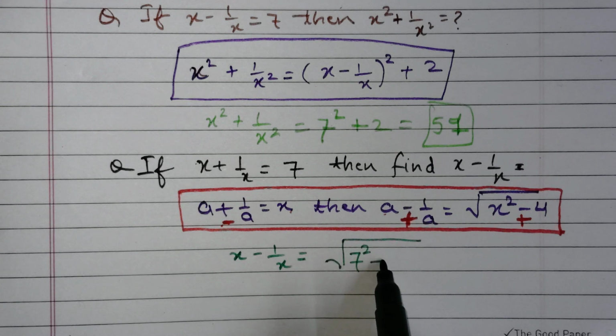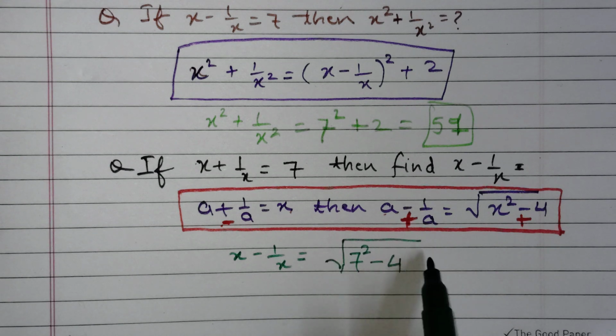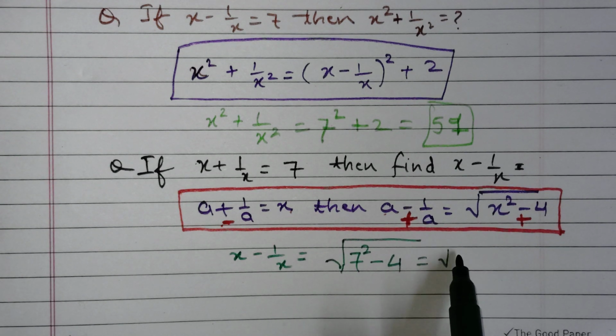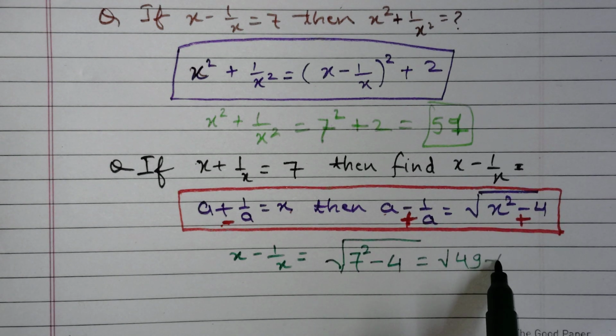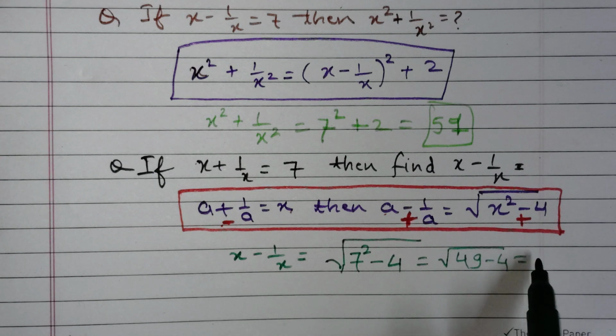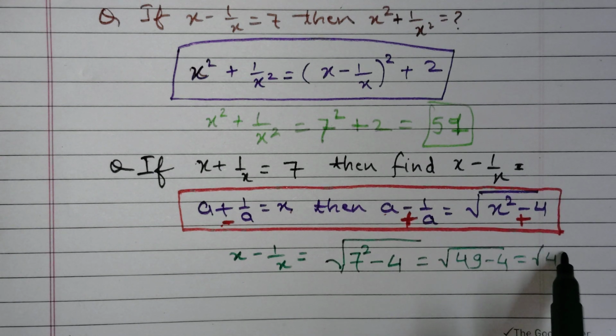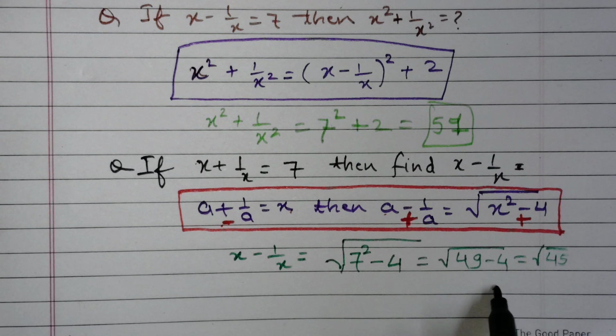So 7 square minus 4. So 7 square is 49 minus 4 gives us 45. In the square root, 45 is 9 into 5. So 9 square root is 3. So 3 root 5 is the answer. X minus 1 upon x is 3 root 5.